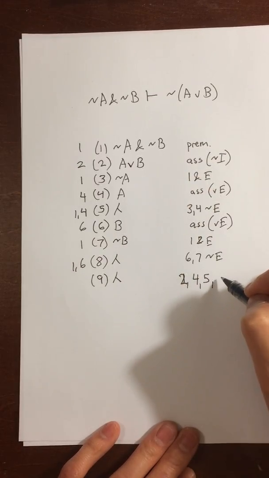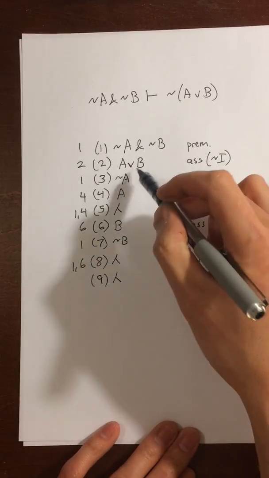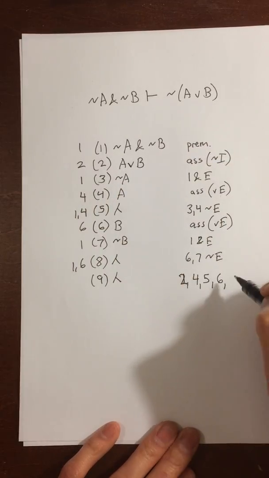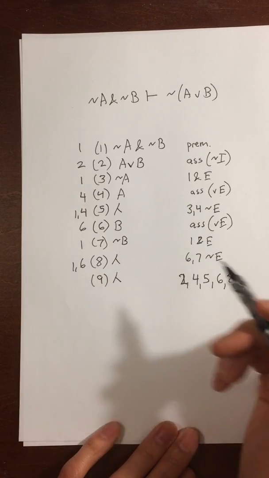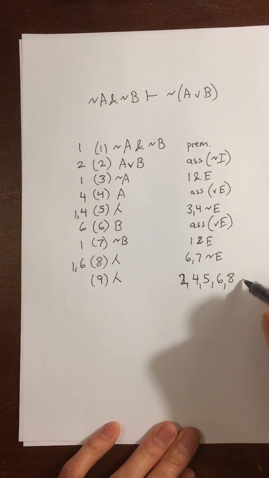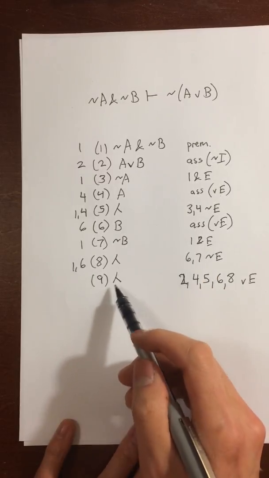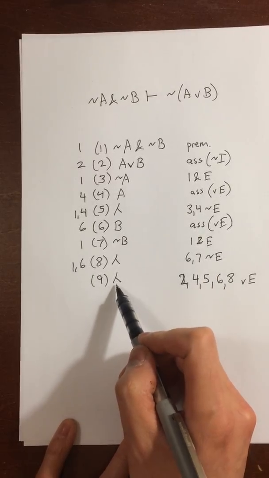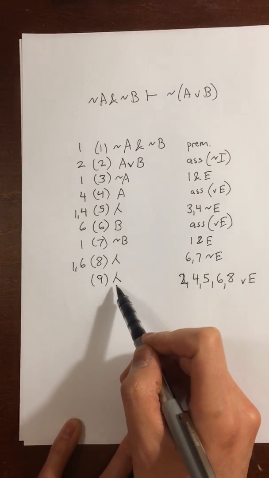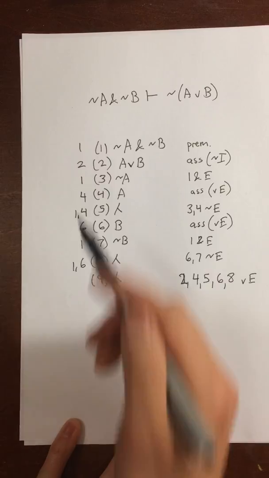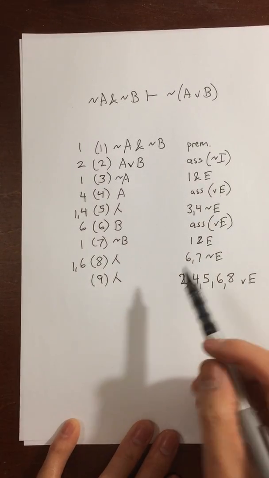Then we assumed B, the other disjunct, I'm sorry, on 2. And then we derived, again, a contradiction. And so we're going to use the rule of OR elimination to say that we can get this contradiction just from the original disjunction, which is, of course, an assumption, but that's okay.